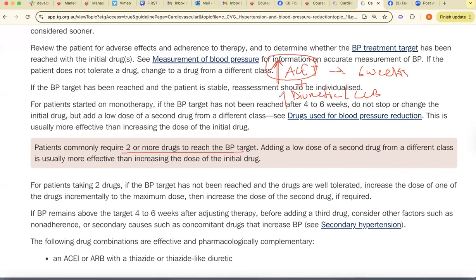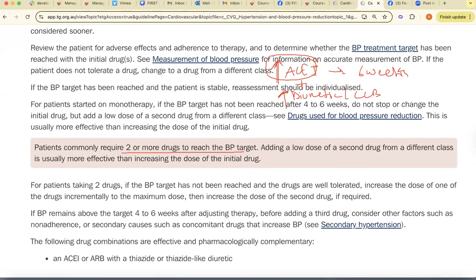Still not working, then gradually go to the maximum of the second drug. And if it's still not doing anything, that becomes a refractory hypertension. Then you look for secondary hypertension causes, and then, yes, you can add 3 medications together, like you can combine ACE inhibitor, CCB, and diuretics as well.